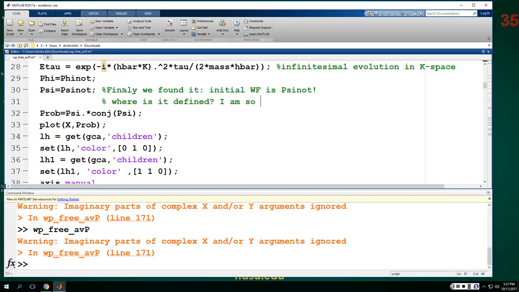I am so curious. So question, why is it so convoluted in a way? Why do we have to start with psi 2 to go psi equals psi naught? Because we want to have several methods that compute the same thing, and we want them to start from the same initial condition.